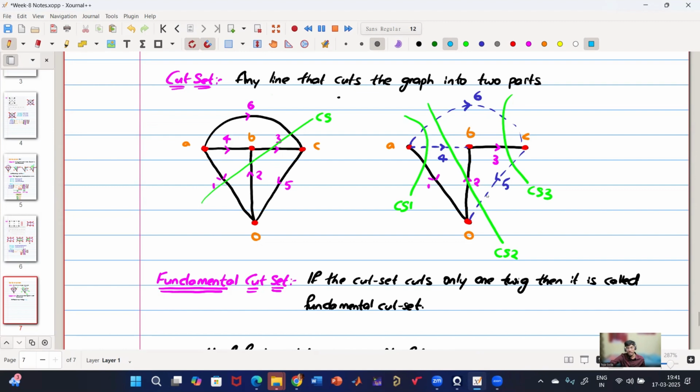No, 4 and 5 are links. 2 is a twig. Only two. Oh, that's why I'm asking, sir. So no need to consider the co-tree. Like we are only considering twigs, the elements of the tree. Okay, sir. Understood, sir. Others, is it clear? Yes, sir. Okay.